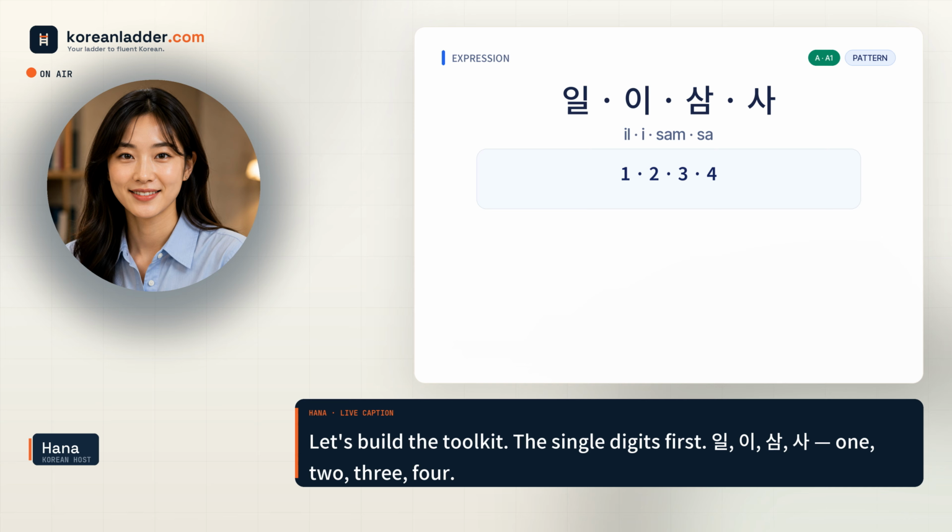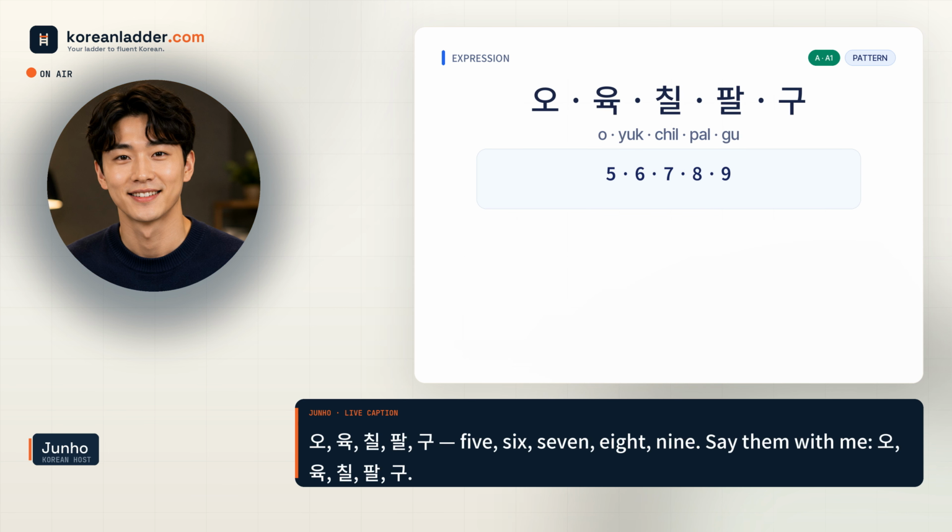The single digits first. 1, 2, 3, 4, 5, 6, 7, 8, 9.